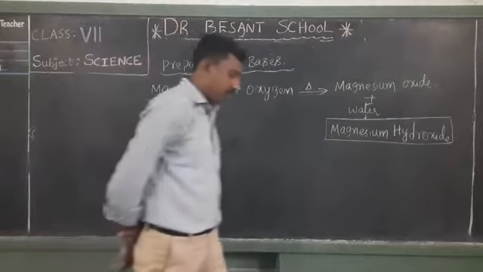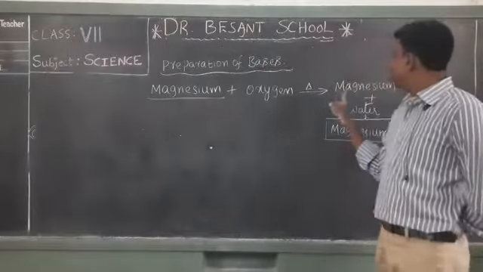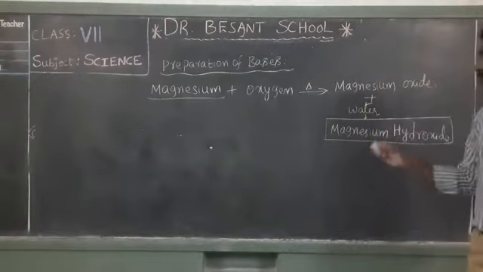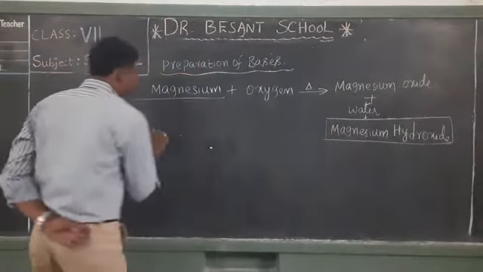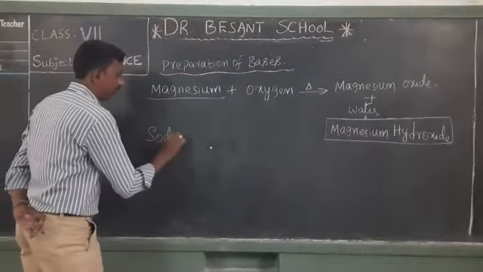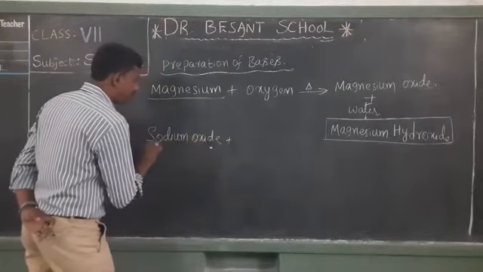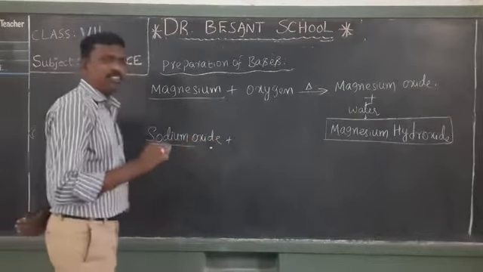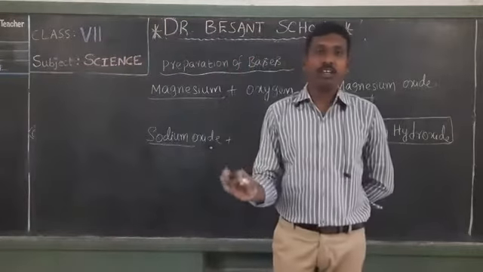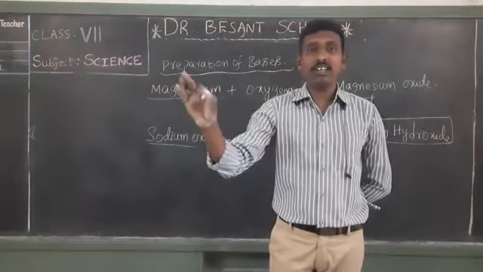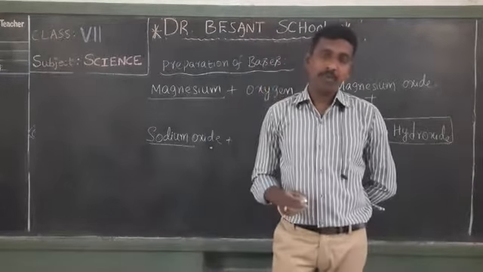Similarly, by treating sodium with oxygen, we obtain sodium oxide. This sodium oxide dissolves in water and produces sodium hydroxide. See, sodium is a metal, and it is highly reactive. When sodium reacts with water, it reacts vigorously and produces a large quantity of heat.